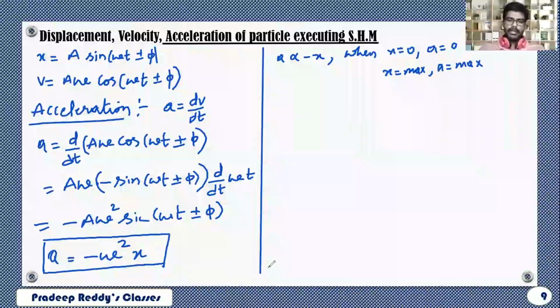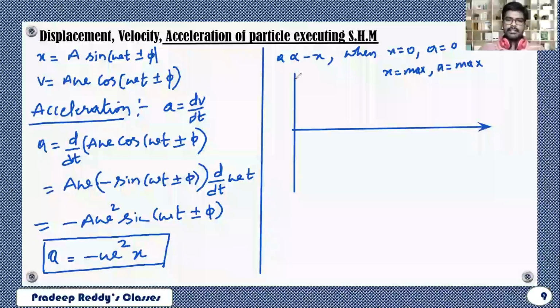Therefore, if you plot a graph for acceleration with respect to time, you can draw that graph like this. What is the maximum value of acceleration? Maximum value of acceleration is omega square into a. It is plus and it is minus omega square into a.